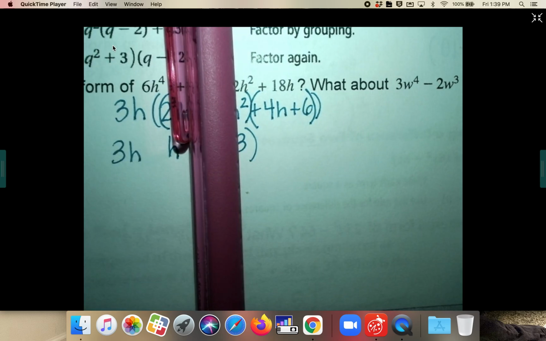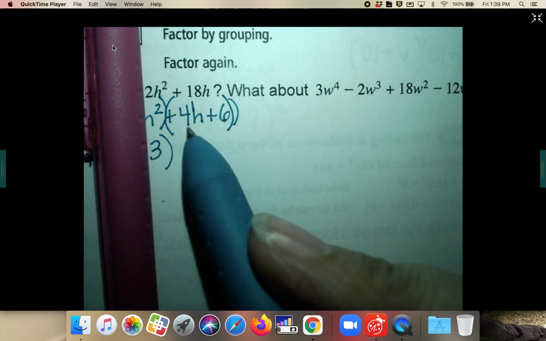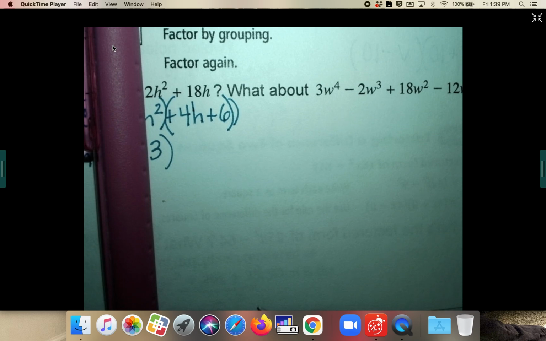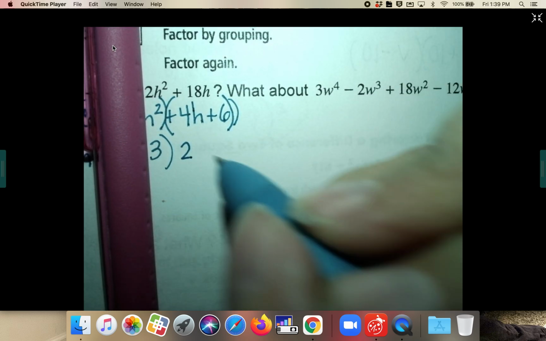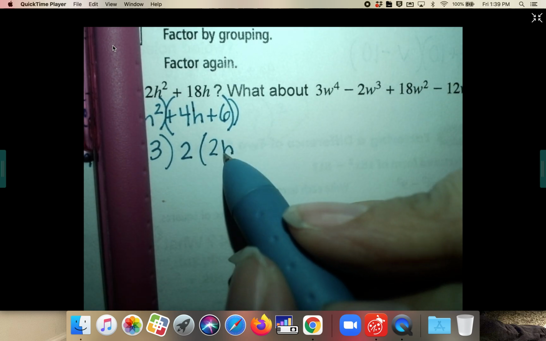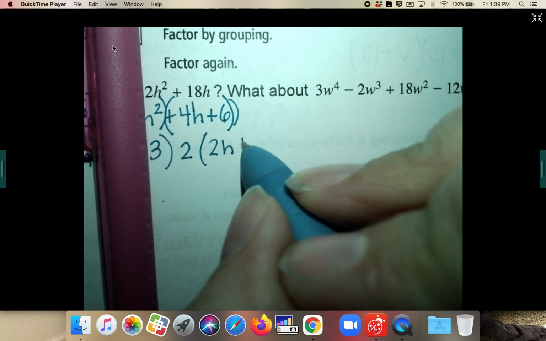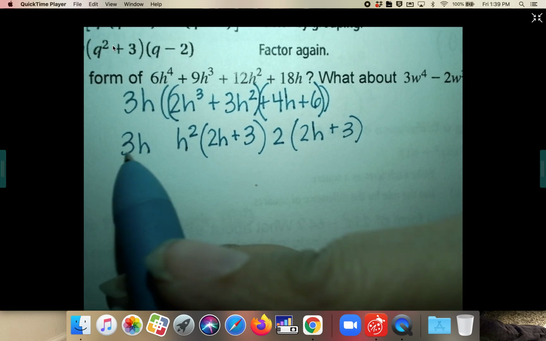Now let's look at just the 4h plus 6. I can divide evenly out a 2 from these terms. So I'm going to pull out a 2, and it's going to leave inside 2h. 2 times 2h is 4h. 2 times 3 is 6. So here's what I have. The 3h is going to stay there.